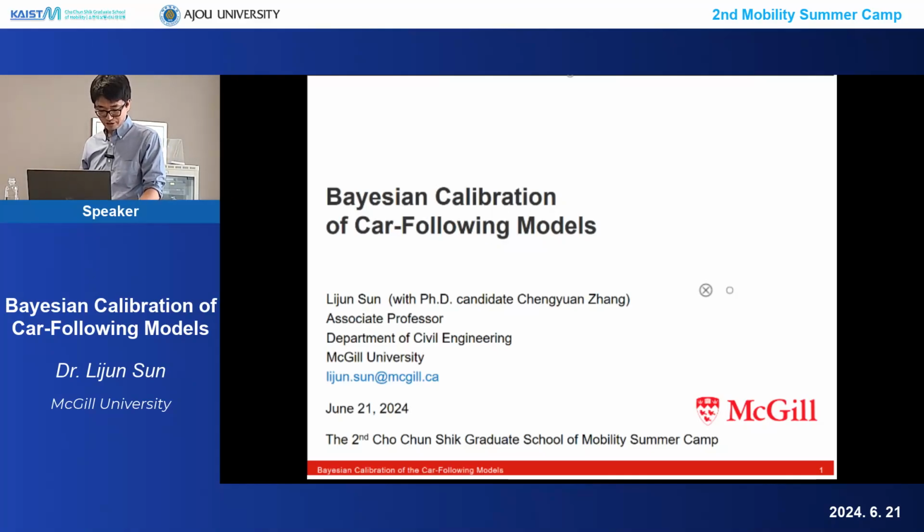I will not go into the details of this part, but the idea is essentially the same. In the GP part, I use the kernel function, but in the autoregressive part, I use a simple autoregressive model for the process.